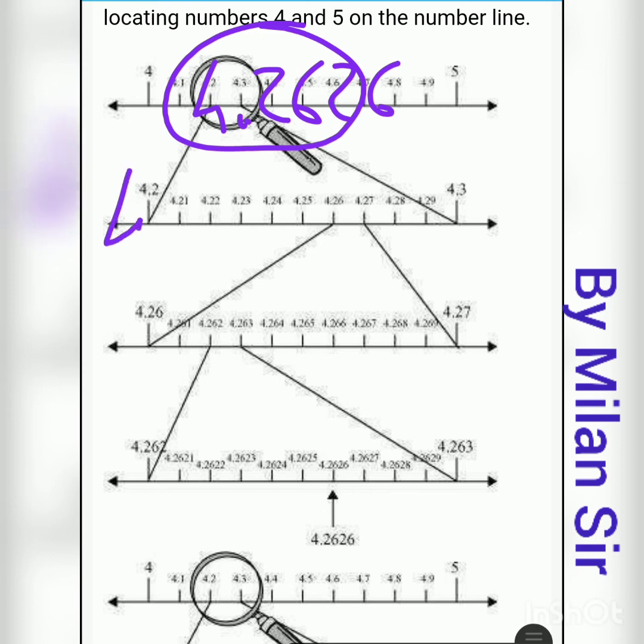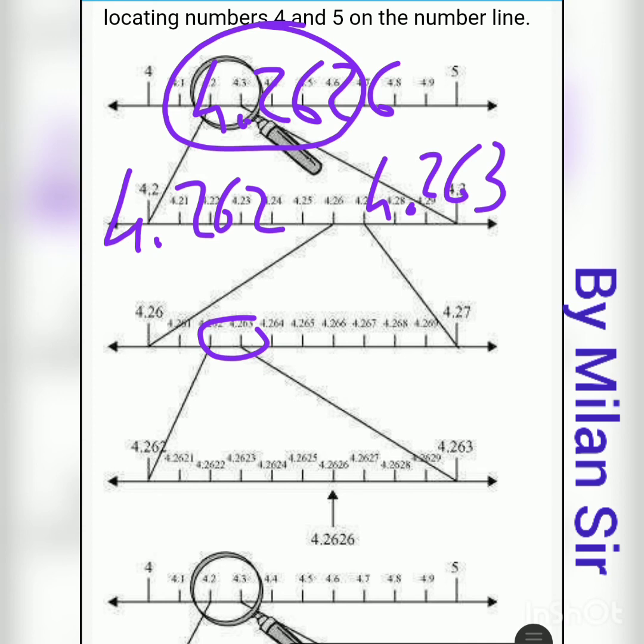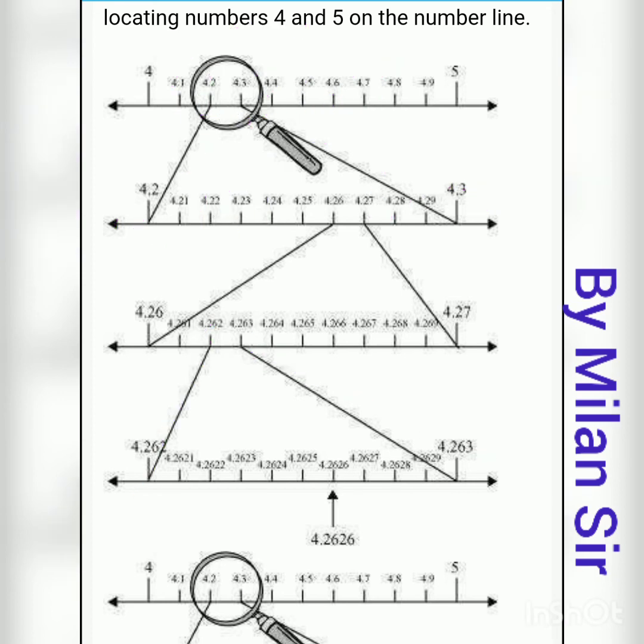That means this number lies between 4.262 and 4.263. We need to zoom this part, and again we get 10 more decimal numbers in between 4.262 and 4.263. So here draw one number line.